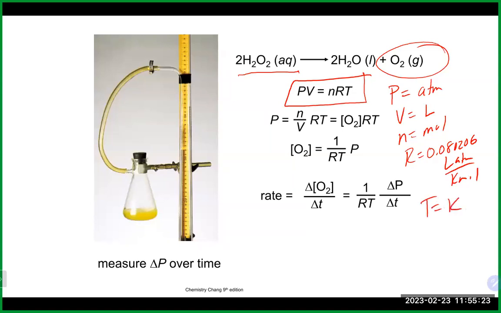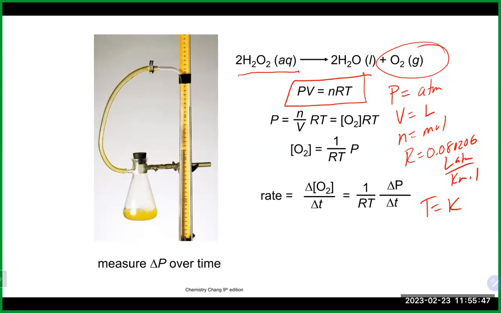Add 273 to your Celsius. So remember that you need to use all these units when you use the ideal gas law. Other common units of pressure are millimeters of mercury and torr. 760 is the conversion there, right? So 1 atmosphere is 760 millimeters of mercury or torr.